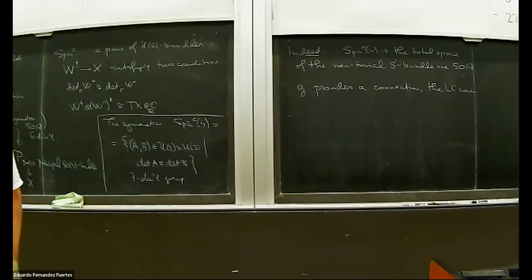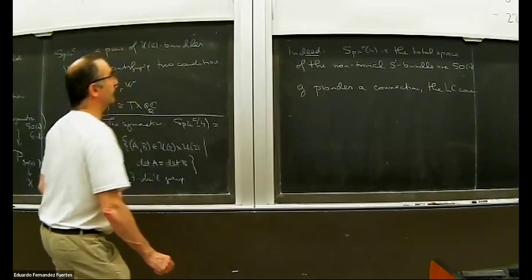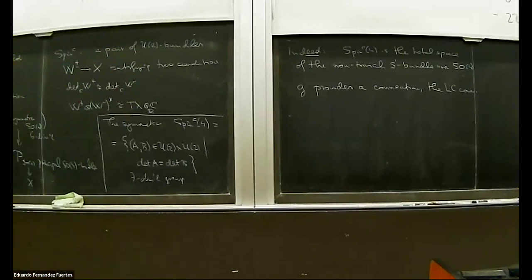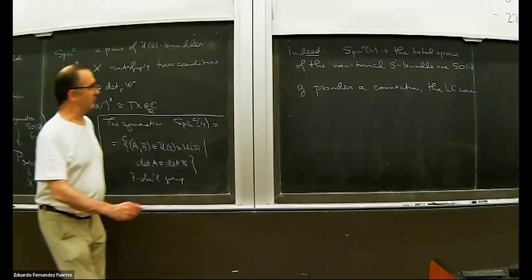Okay, so of course, if we have a connection on the tangent bundle, that comes from a connection on the principal bundle, and you will get an associated connection on every associated bundle. But now we have something a little bigger.